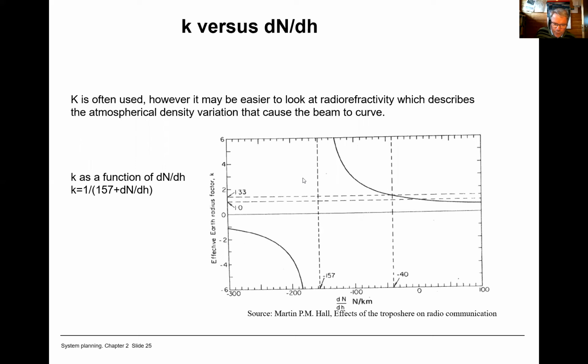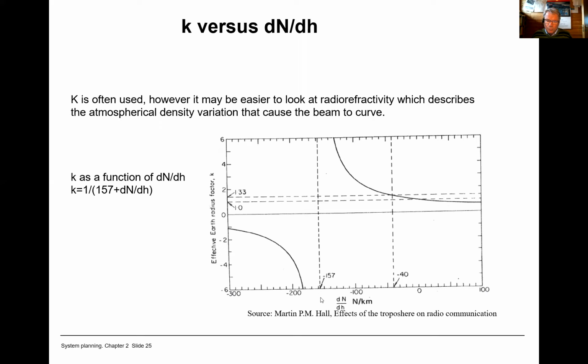And here is a graph that shows the K value, the effective Earth radius factor K, as a function of dN/dh. I think this is very helpful in order to understand the K factor. Here you see the dN/dh goes linearly from minus 300 to plus 100. The normal value for a well-mixed atmosphere is minus 40, which gives you a K of 1.33.